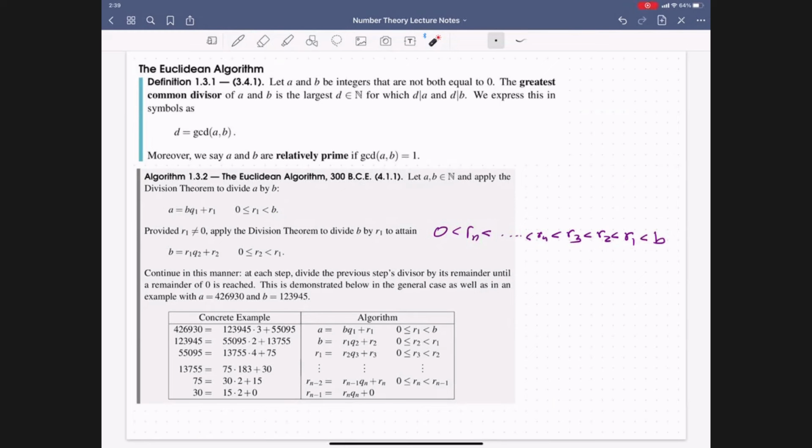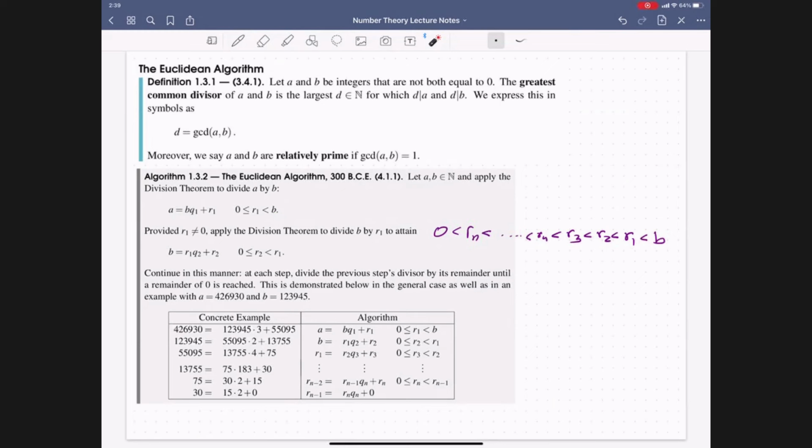Now, the great thing about the Euclidean algorithm is that it actually gives back the GCD. So specifically, when we apply the algorithm to the example that we talked about with 426,930 and 123,945, we can go ahead and apply it. We apply the division theorem.